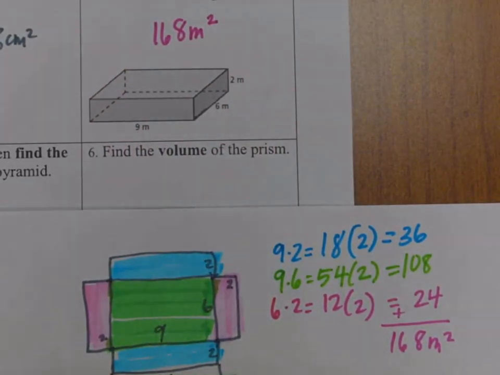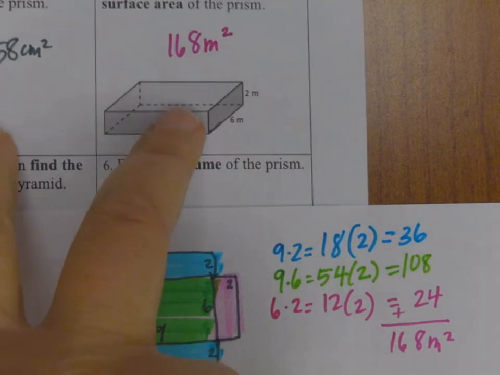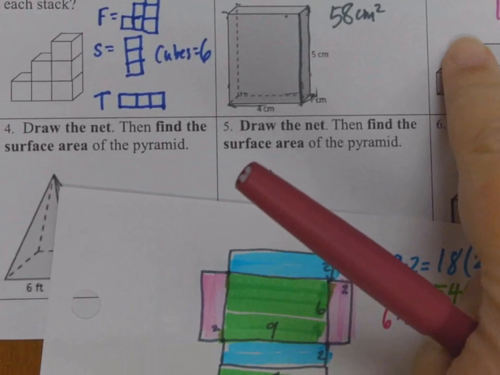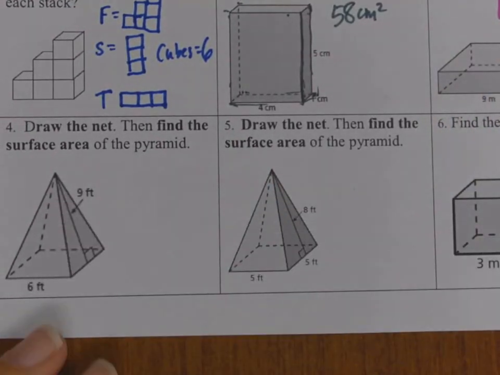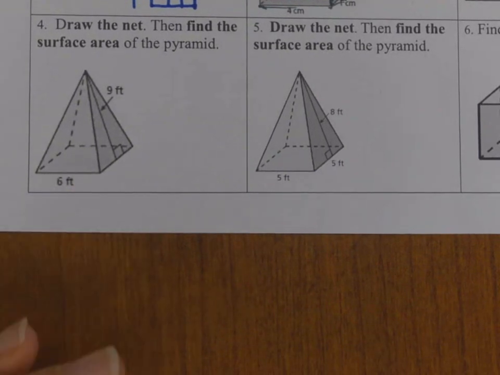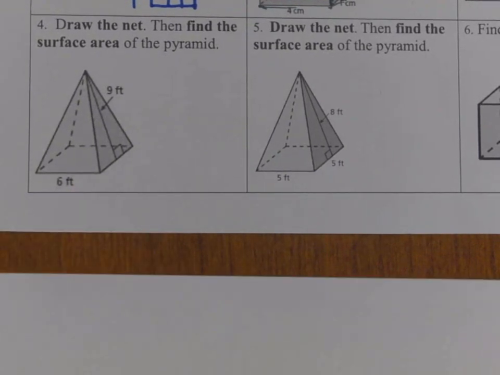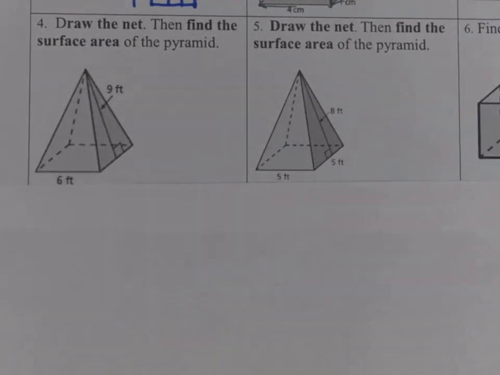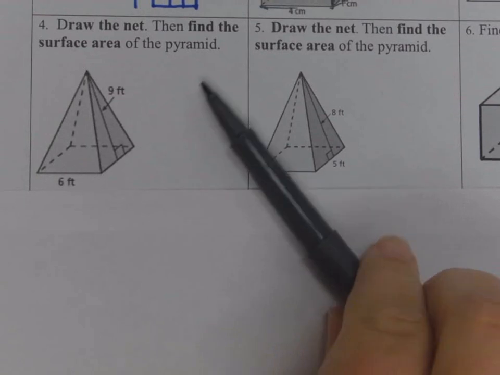Okay, so those are how you do rectangular prisms. On this next one, we're going to do a pyramid. The next 2 are going to be pyramids. So pyramids are my favorite nets to draw because you draw the base first and then you just connect triangles to each side of your square.